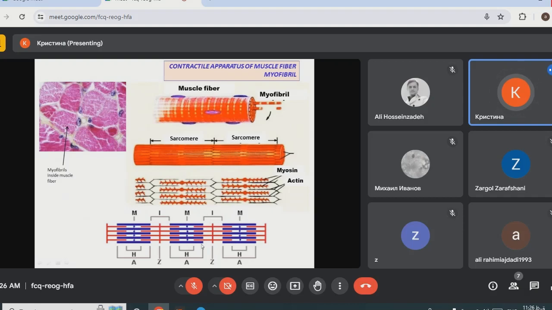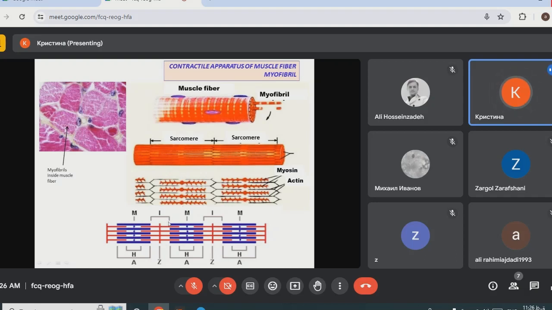It looks more lightly stained. The Z line is in the middle of the I band. In the middle of the A band we have the so-called M line. M line is the middle part which connects thick myosin filaments in this area.